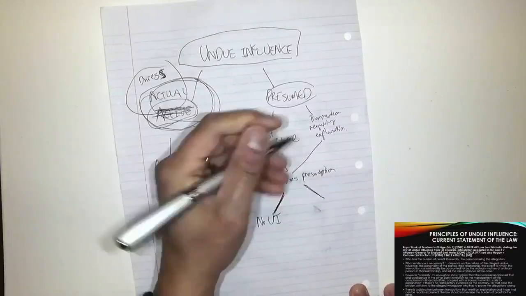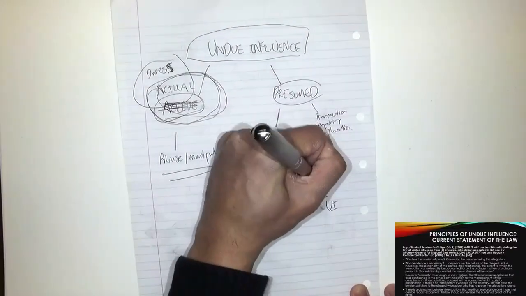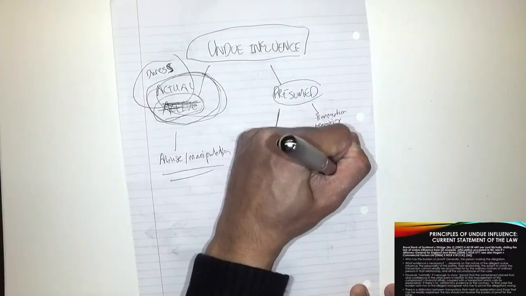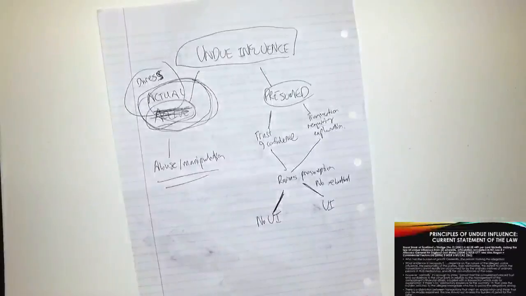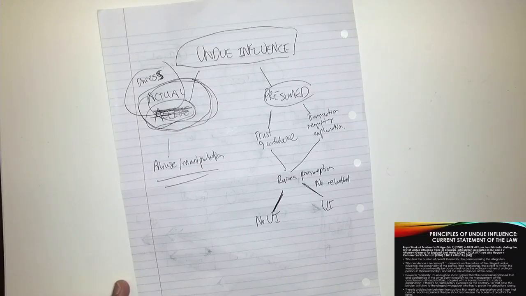But if you can't lead evidence, then that presumption will stand. So that's the general approach that is outlined by Lord Nichols in Etridge, and which has been approved in New Zealand.